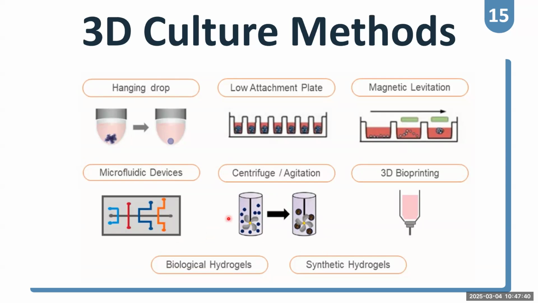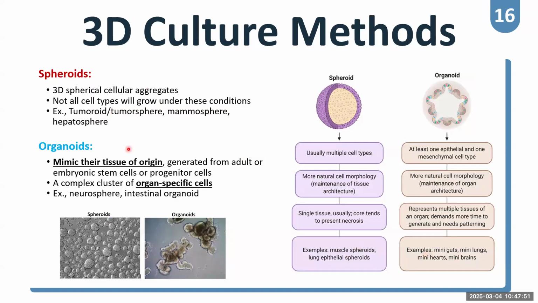Okay, another approach is bioprinting, and also using hydrogel to form the structure of the 3D cell culture. Now let's move to the models: the spheroid and the organoid. The spheroid comes from 2D cell culture; we detach the cells and force them to form the 3D structure.